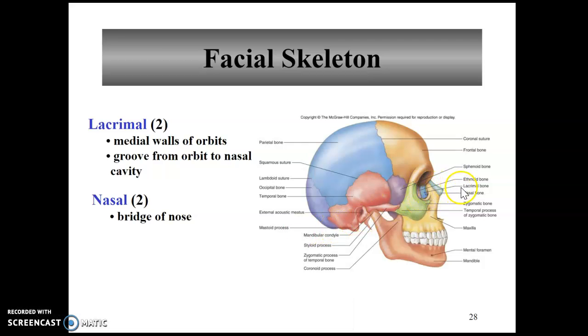Now, lacrimal is very close to your ethmoid bone, but it's that blue one right there, and it's going to be the medial wall of your orbits, and it makes up that groove from the orbit to the nasal cavity. Speaking of nasal, this is your nasal bone, which is the bridge of your nose.